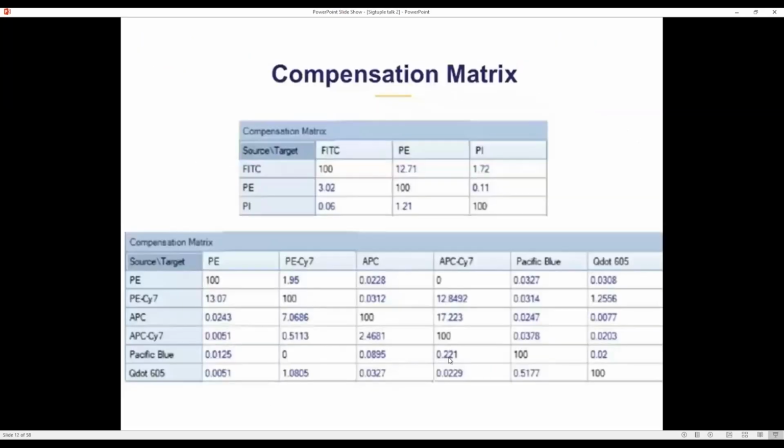Whenever you see your instrument, there will be a compensation tab. When you click, a table like this will open. This is called the compensation matrix, which will tell you the spillover details and the correction details, right? So whenever you do a compensation exercise, you will be checking this. This is very important, right?